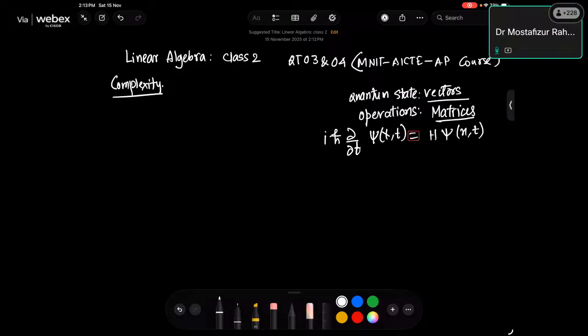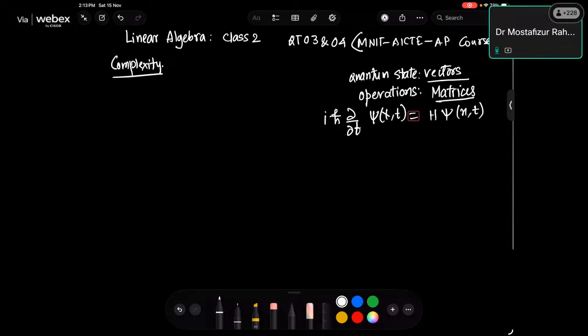This is your time evolution equation. If you put the state inside a vector, this H becomes a matrix, an n cross n Hermitian matrix.